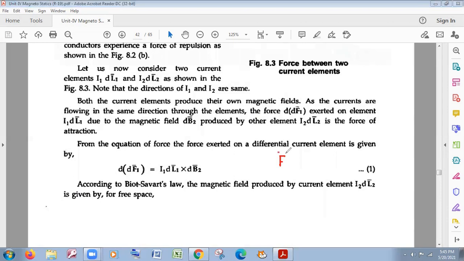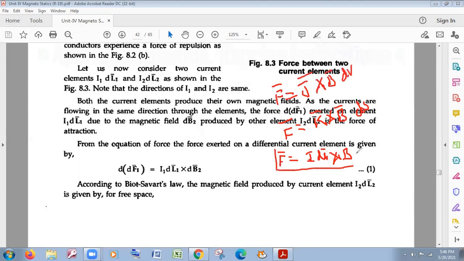So F bar is equal to the line integral of I dL bar cross B bar. For surface current, F bar is equal to the integral of K bar cross B bar dS. Another form for volume current is F bar equal to the integral of J bar cross B bar dV.